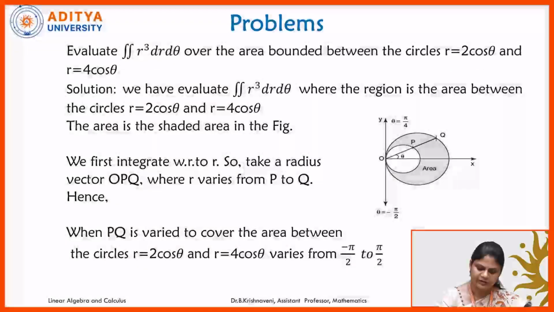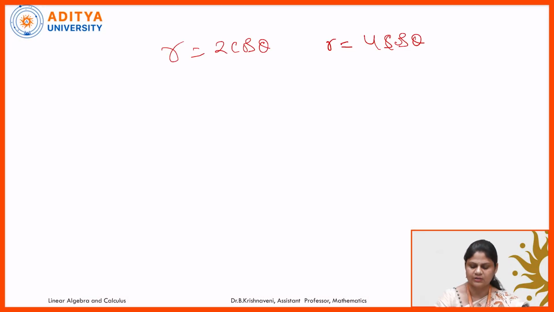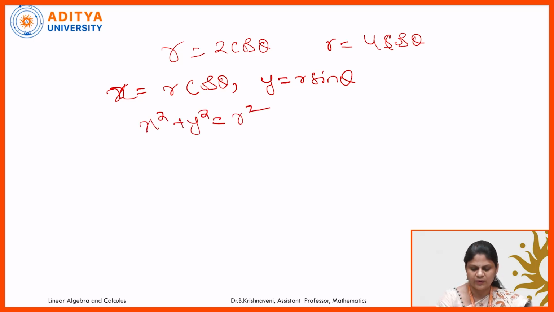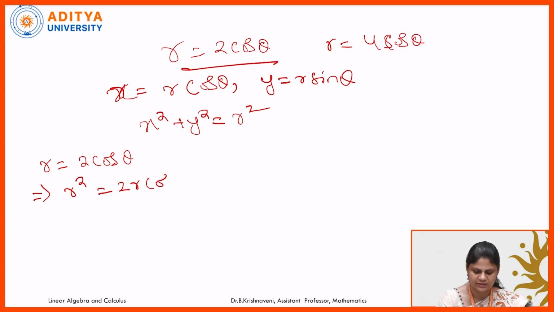Let us convert these into Cartesian form and understand what circles they are. We all know that x is equal to r cos theta, y is equal to r sin theta, so that x square plus y square is equal to r square. Now by using this, let us consider r is equal to 2 cos theta. Multiply both sides with r, it becomes r square is equal to 2r cos theta.